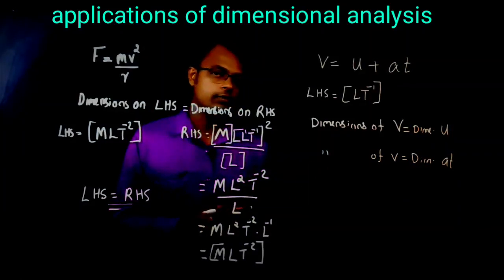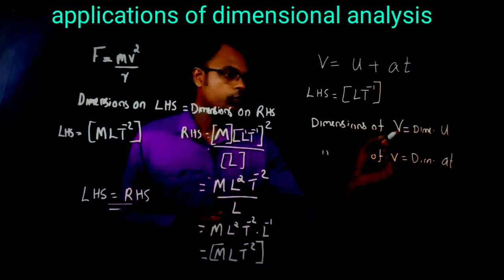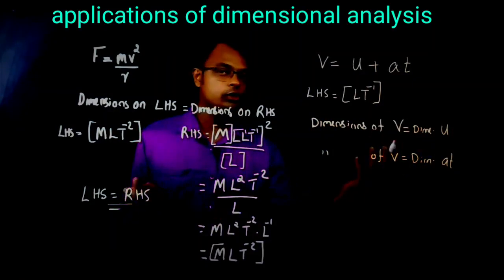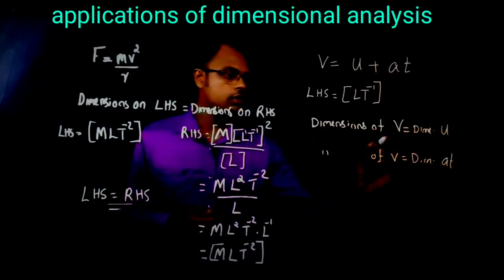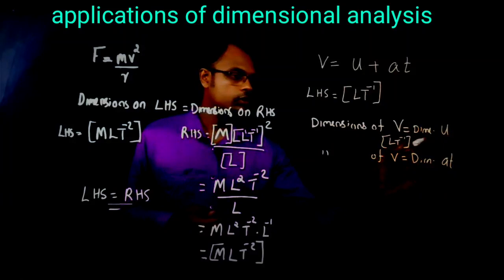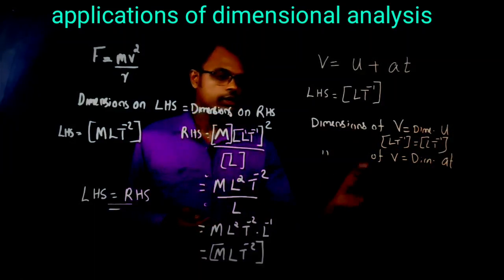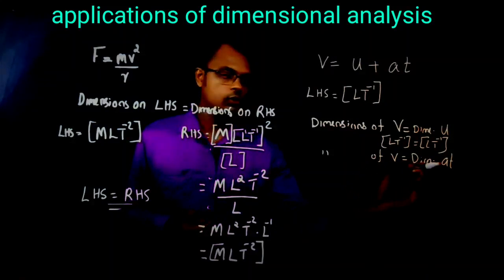Let's prove this. First, the dimensions of velocity equal the dimensions of U. U is also velocity, initial velocity and final velocity, so the dimensions are the same: L t to the power minus 1 on both sides.